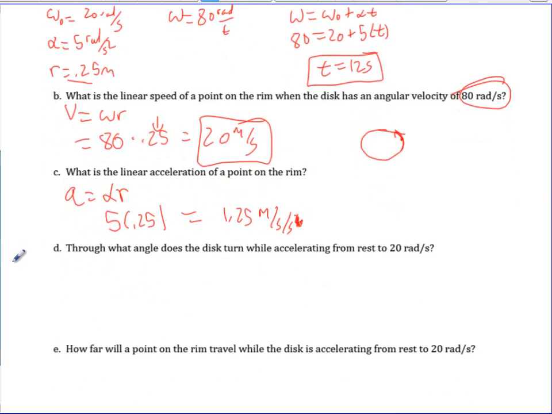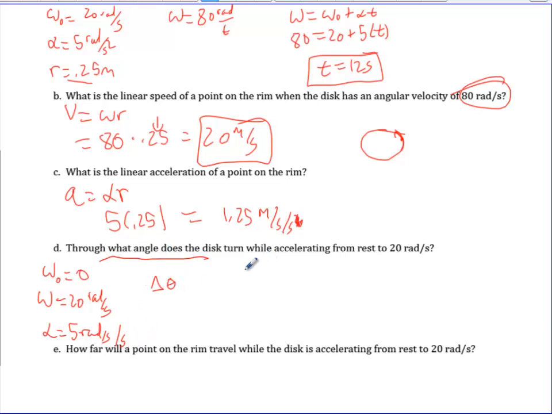All right. Final thing, through what angle does the disk, oh, nope, two more things. Through what angle does the disk turn while accelerating from rest to 20 radians per second? So our initial velocity, omega naught, is 0. Our final angular velocity is 20 radians per second. I'm going to assume that the acceleration is still the 5 radians per second per second. It wants us to figure out through what angle the disk turns. That is, it wants a change in angular position. How many radians did it turn through?